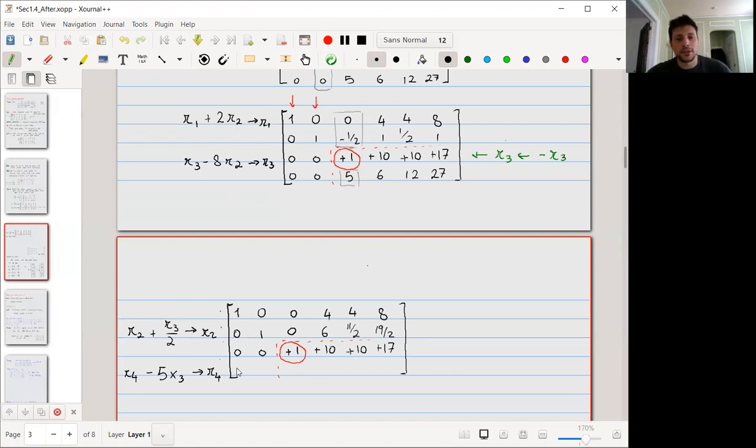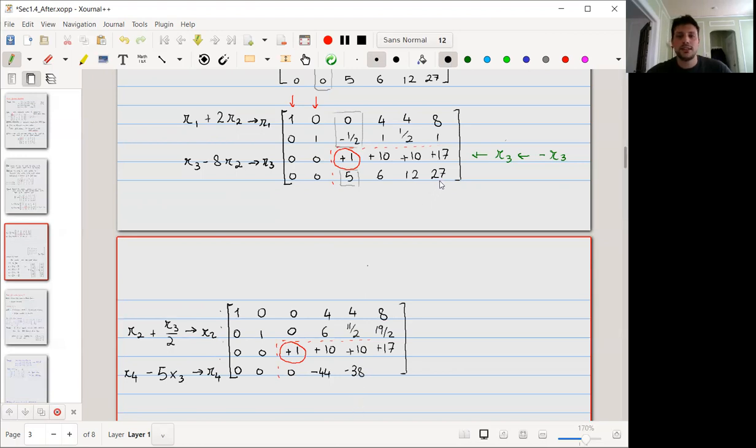Let's do the same with the last row. The first 3 entries will be zeros because that's how we set things up. Here we have 6 minus 5 multiplied by 10. That's -44. Then we have 12 minus 5 multiplied by 10. That's -38.